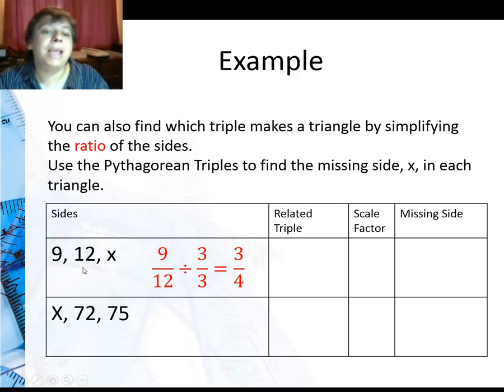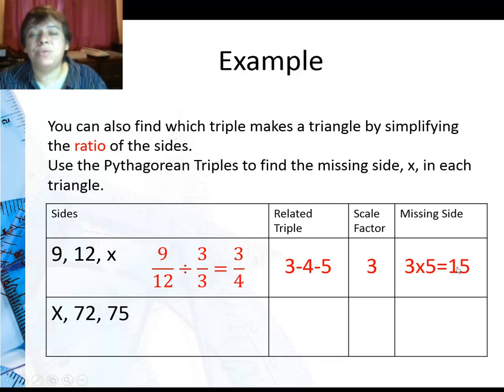So this is like a 3, 4, blank. Well, that's our favorite, the 3, 4, 5 triangle. And we got it because these sides are 3 times bigger, so my scale factor is 3. Which means my missing side is going to be 3 times 5, or 15.